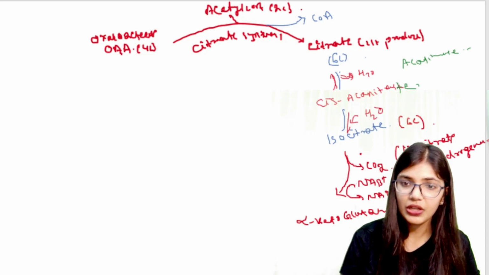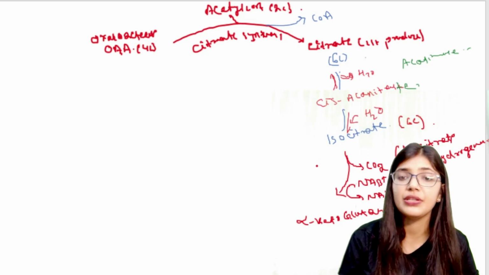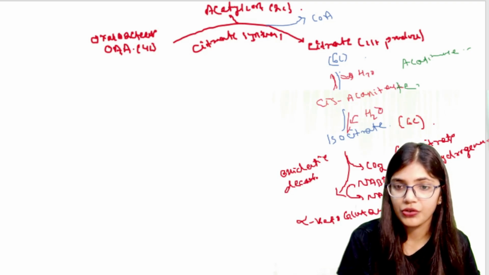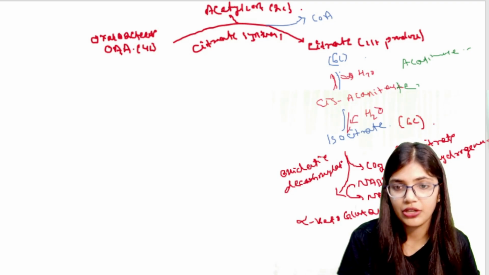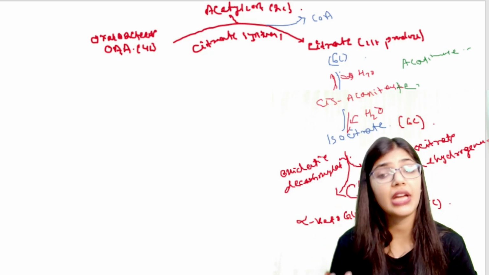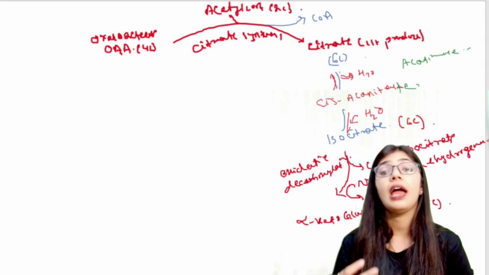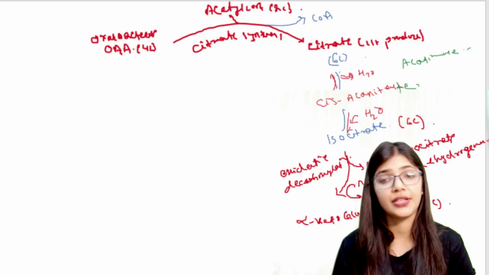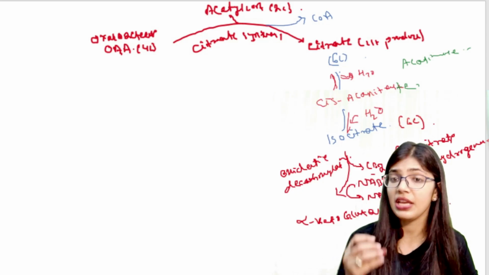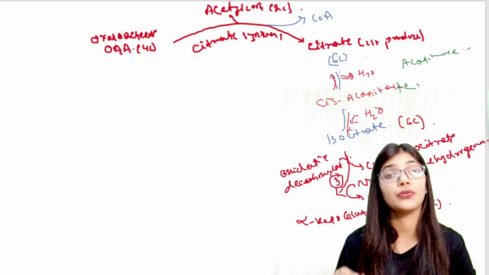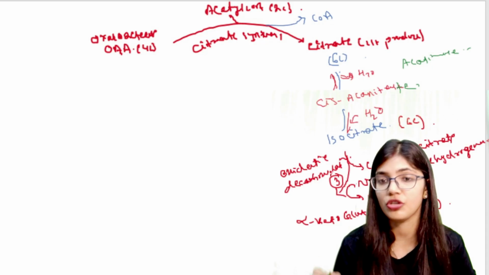This process is known as the oxidative decarboxylation phase, because here carbon dioxide is removed, which is decarboxylation, and NAD plus is oxidized into NADH and H plus, which is oxidation. This third step is known as the oxidative decarboxylation phase.